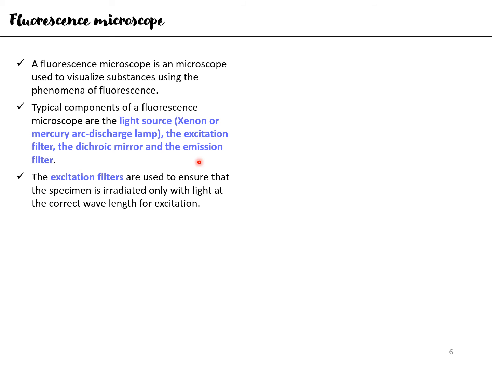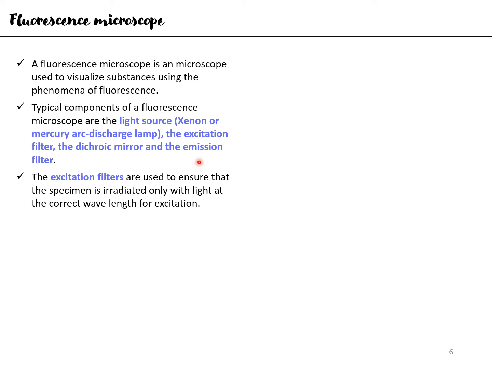This is because when you are visualizing the fluorescence from these fluorophore molecules, you don't want the excitation light, which contains light of all wavelengths, to mask the fluorescence that would be emitted by the fluorophore.